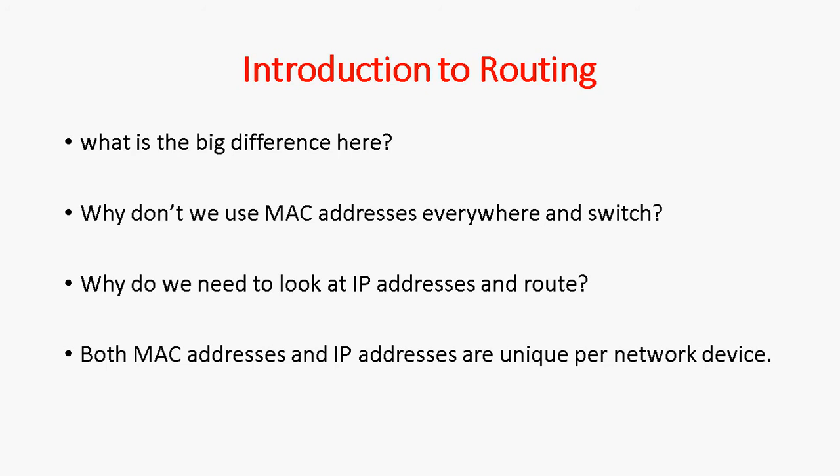And finally, both MAC addresses and IP addresses are unique per network device. These are my questions. If you know the answers, just pause this video and reply with your answer in the comment section below. If you are not sure, just watch my video further.